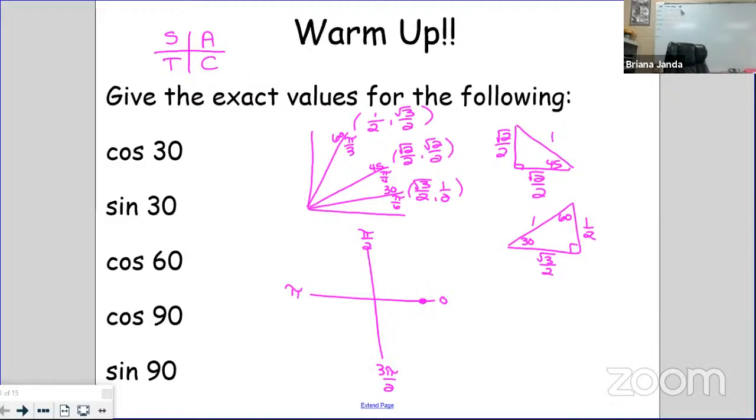I think about the ordered pair to get there as: I would move to the right 1, up 0; right 0, up 1; left 1, up 0; right or left 0, down 1. All of our ordered pairs, whether in our first quadrant or on our axes, always go cosine, comma, sine, and tangent is sine over cosine.